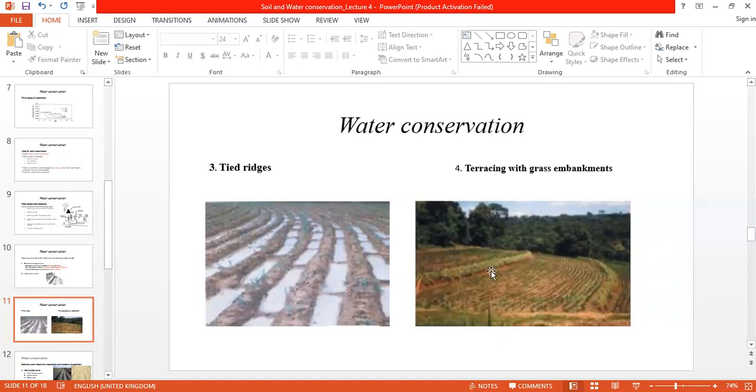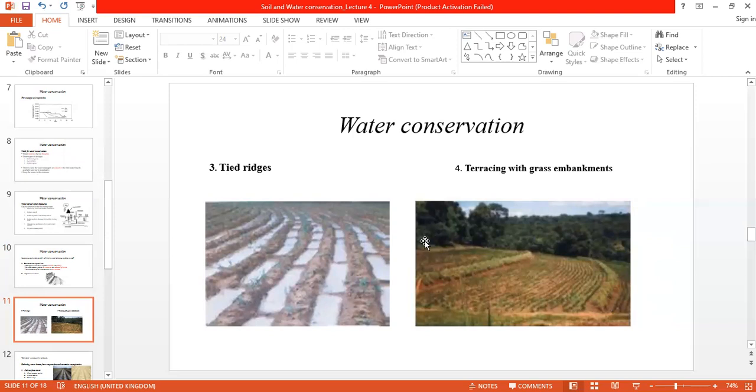But we can also talk of terracing, where if you have a terrace, you put embankments or grass strips just at the edges of the terrace. Not necessarily bench terraces, but if you have a slope, you grow grass strips, or if you want, you can put stones so that you reduce the rate of runoff.